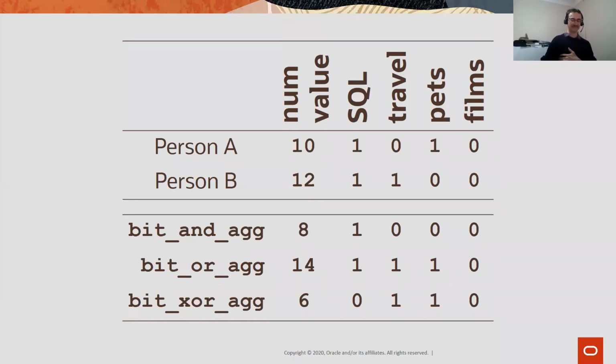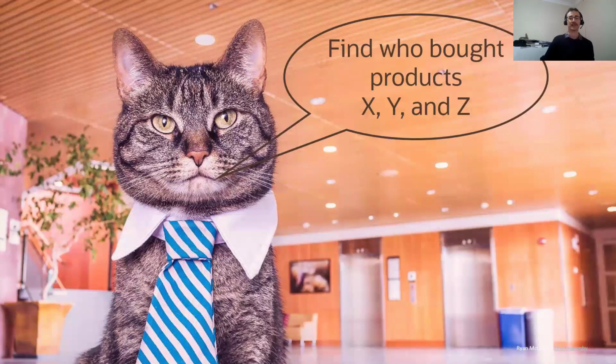Anyway, so we can do this to compare people and do some matching, but this is quite a niche thing, right, doing that kind of matching. Or is it? Well, there might be some more general uses for this kind of approach. So let's say you've got your sales and marketing team, and they want to do some analysis of what people are actually buying. And they want to look for people who are repeatedly buying the same set of products.